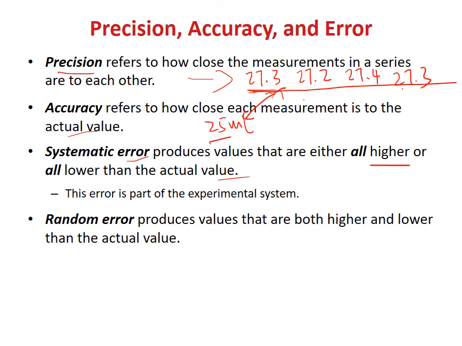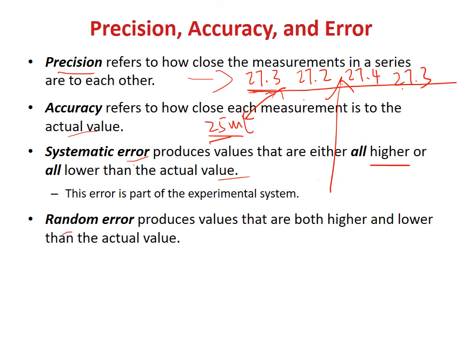If you have a systematic error, sometimes it can still have good precision. For example, in this case, every time it is higher than the actual value, but the values are very close, and this may be due to the systematic error.